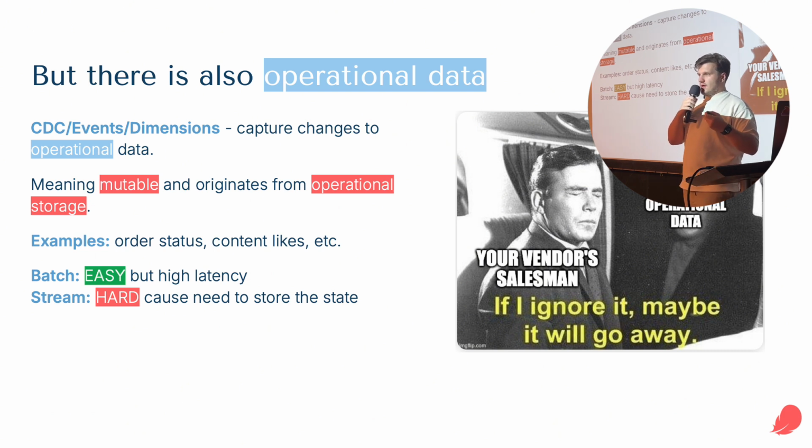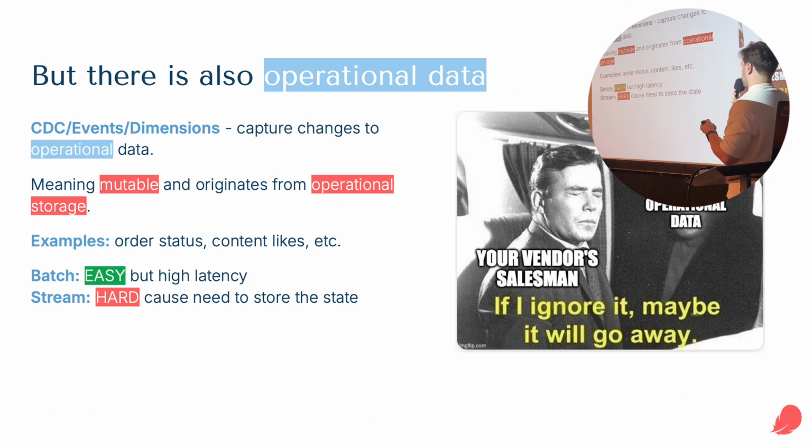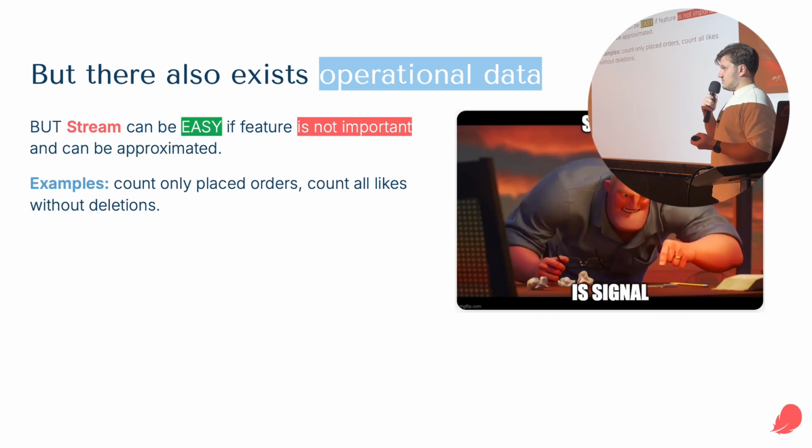And okay, how can we battle this? First, the obvious idea, let's just approximate, because for a machine learning model, in some cases, signal is signal. Maybe the user decided to cancel the order not because they don't like it, but maybe for technical reasons, no money, or they decided that they want to change the size or whatever.